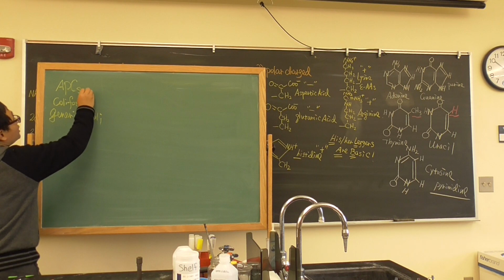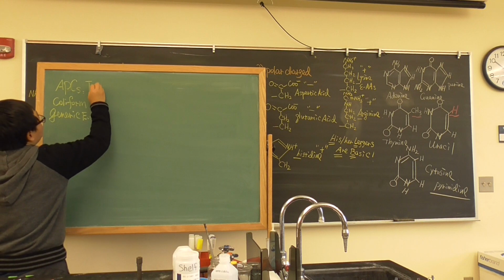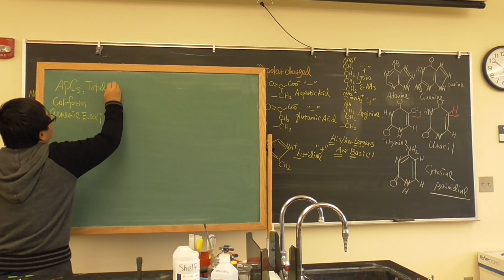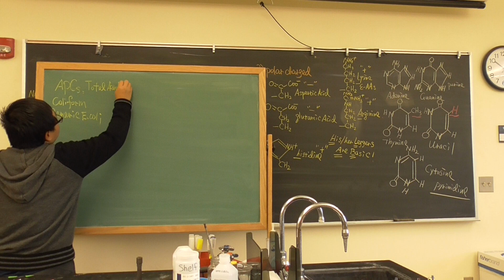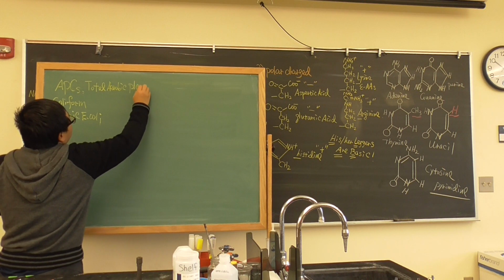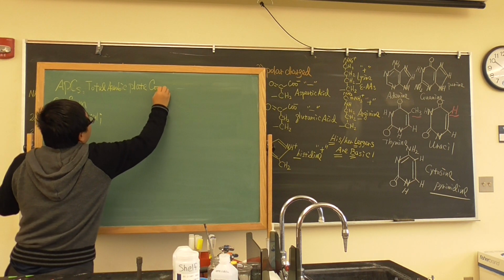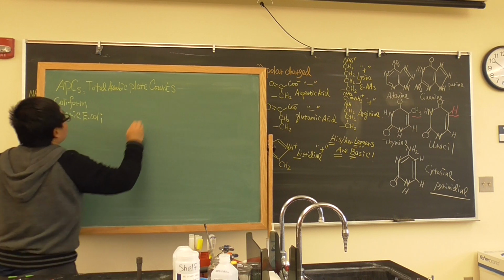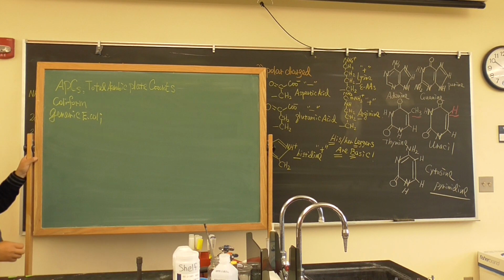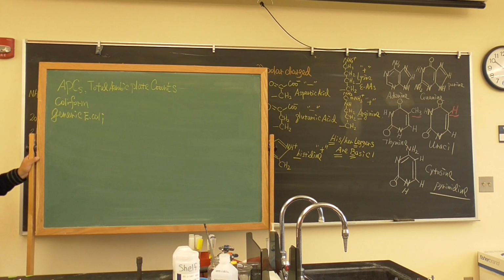Okay, what is APCs? It is total aerobic plate counts, which means how many total aerobic bacteria are in the pond water.